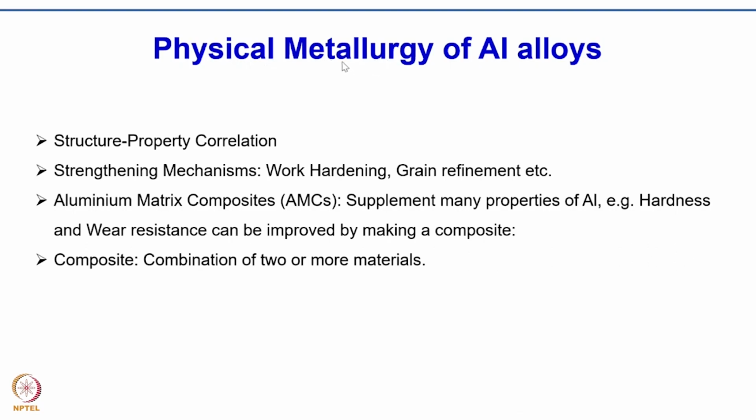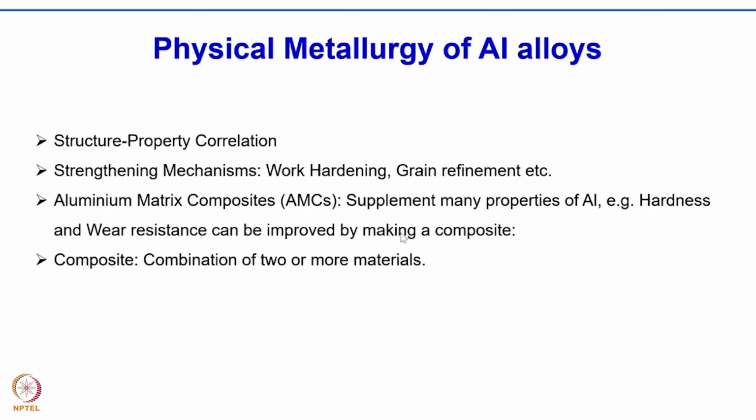We have also understood the structure property correlation, and with regard to that we have discussed different strengthening mechanisms for aluminum alloys, starting from work hardening to grain refinement. So all this we have discussed in past several classes.